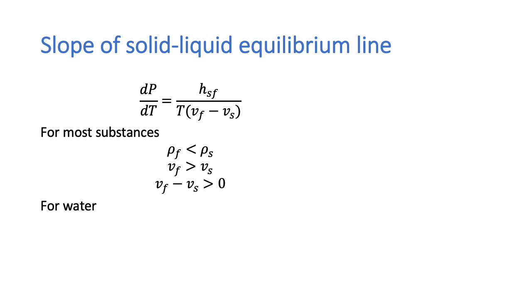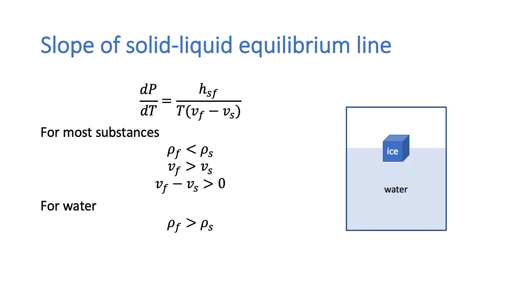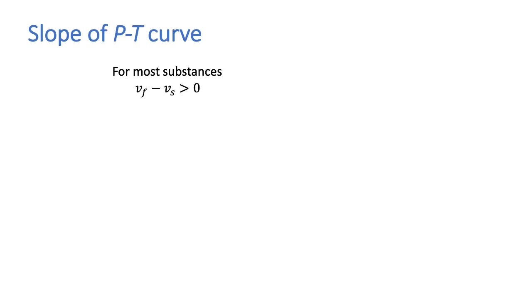Now, for water, ρf is greater than ρs, and water is an unusual substance because ice will float in liquid water. Vf, therefore, is less than Vs, which means that Vf minus Vs is less than 0. So, if for most substances Vf minus Vs is greater than 0, that means that dP upon dT is greater than 0.